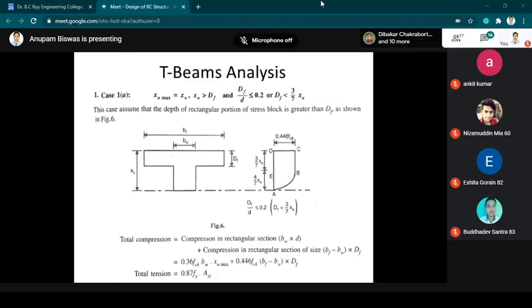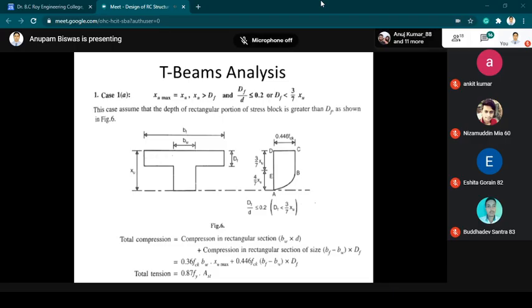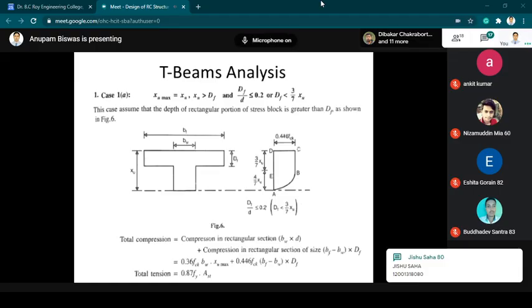If possible, you can draw this figure, figure 6. And the total dimension is 0.36 FCK BW xu max, that is for the rectangular section, segment 1, plus 0.446 FCK into (BF minus BW) into DF.